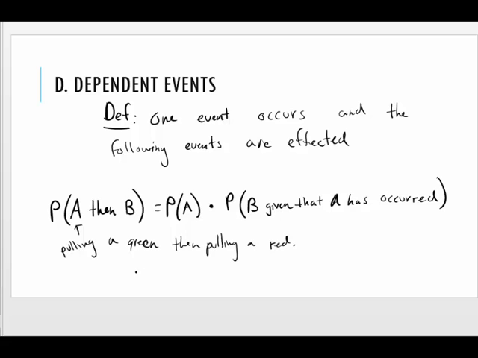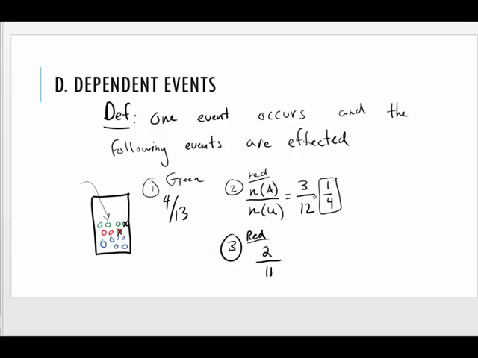So pulling a green turned out to be 4 out of 13. But we want the probability of both of these events, A then B. So we have to multiply that by the probability of pulling a red after we've pulled the green. We look at that and say, oh, it was 1/4.